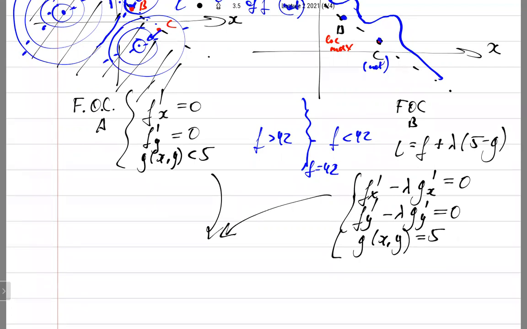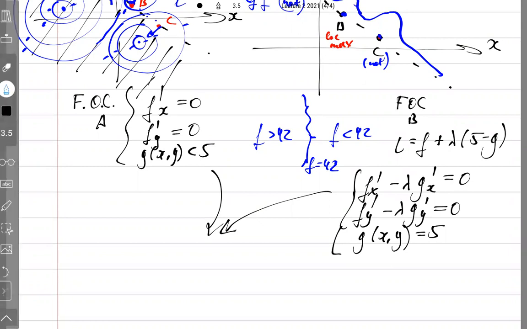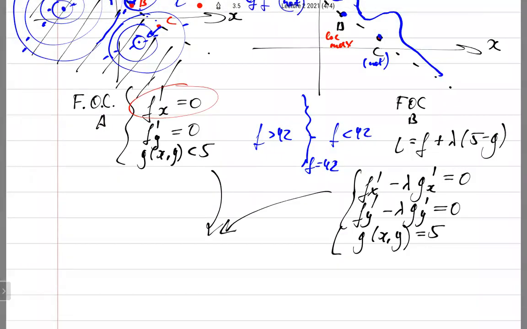First I will notice that these two equations will be the same if lambda is 0.